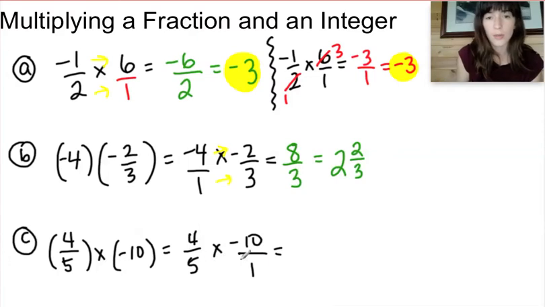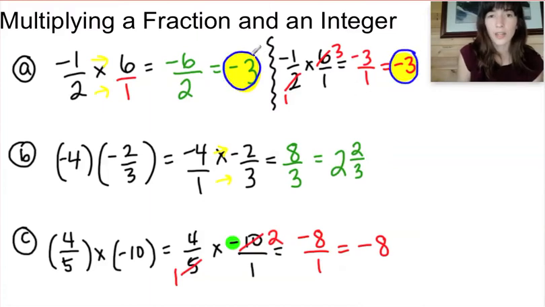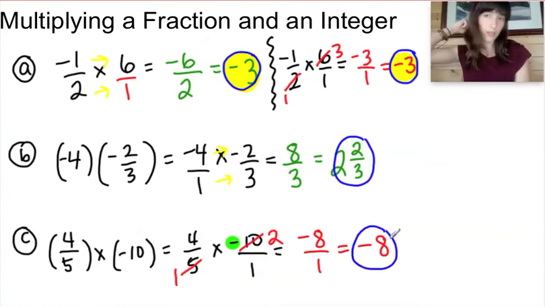So 4 and my 1 are good, but 5 goes into 5 and 10. 5 goes into 5 one time, 5 goes into 10 2 times. Now, the one thing you have to be careful about here is that you don't forget that there's a negative right there. So multiplying 4 times -2 gives me -8. 1 times 1 is 1, so I can just rewrite this as -8. So those are our examples of multiplying a fraction with an integer. Integers being a positive or negative whole number.